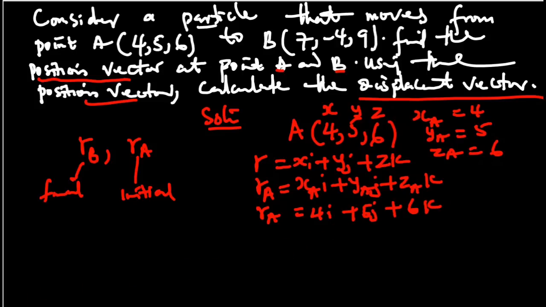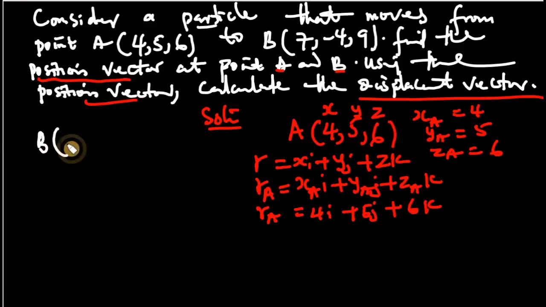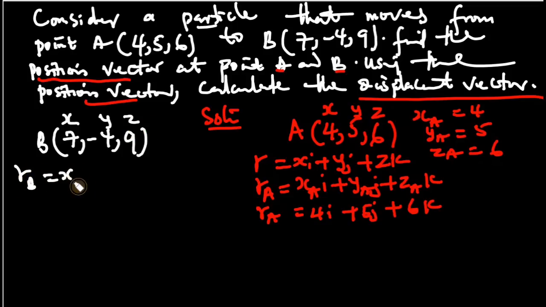So similarly, we can do that for RB. So RB, let us bring out the position. This is RB, the point 7, minus 4, 9. Of course, this will be X, Y, Z. So that RB will be XB i plus YB j plus ZB k.